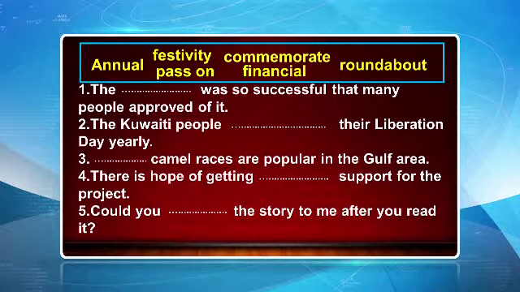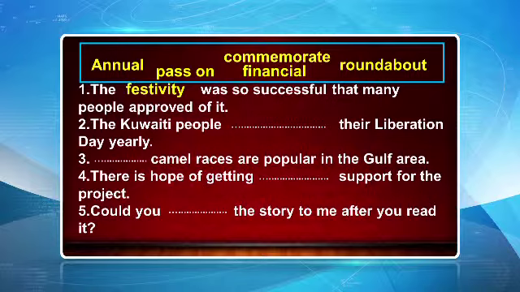So, what is the most appropriate answer to this question? Which of these words that are given fits this sentence? The festivity was so successful that many people approved of it. The event or the commemoration was so successful that many people had very good things to say about it.